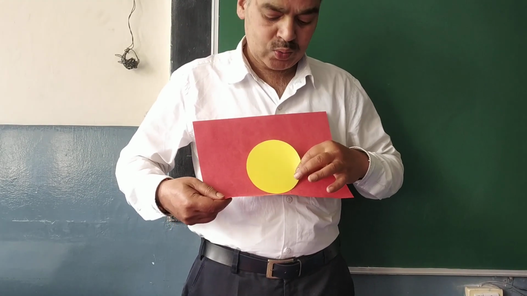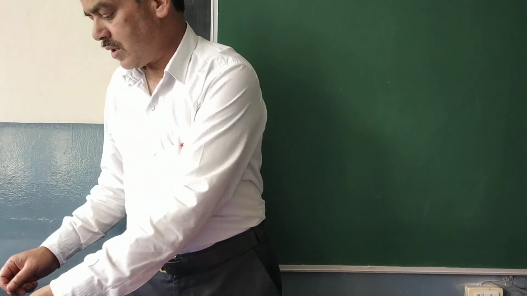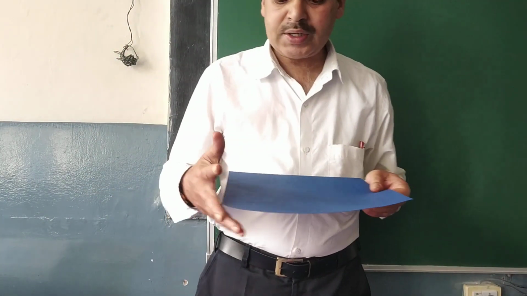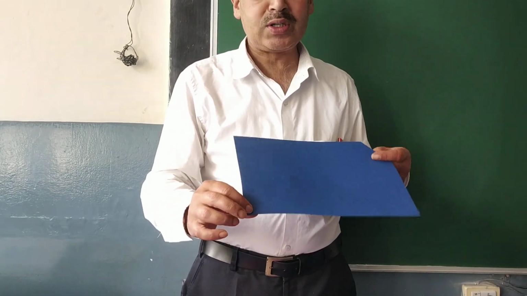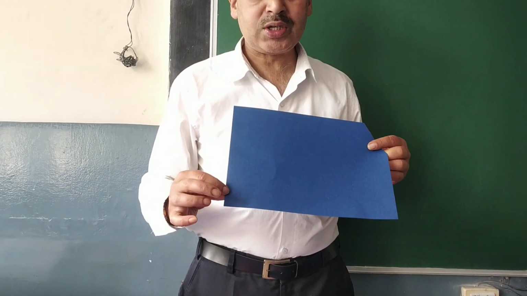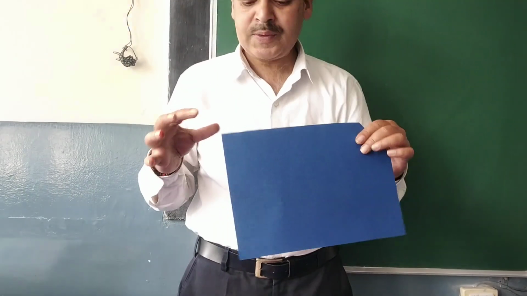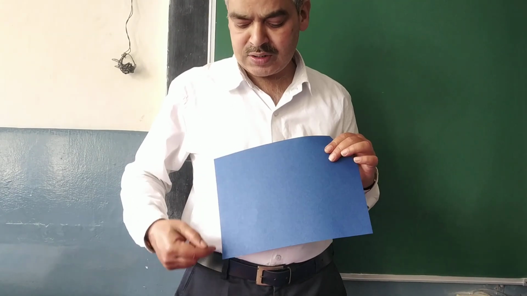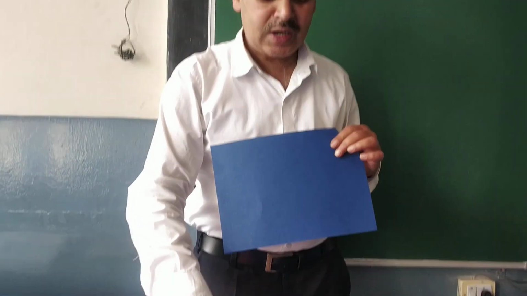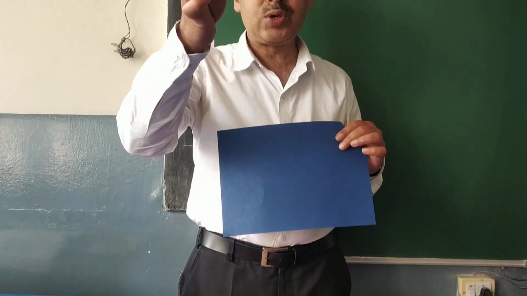Step number 2. Then you take the third sheet and you need to cut a right angle. One of the corners, all the corners are right angles, as the sheet is a rectangle. So as I have cut one from one corner, you also can take one corner, and in this shape you will be getting that right angle in your hand.